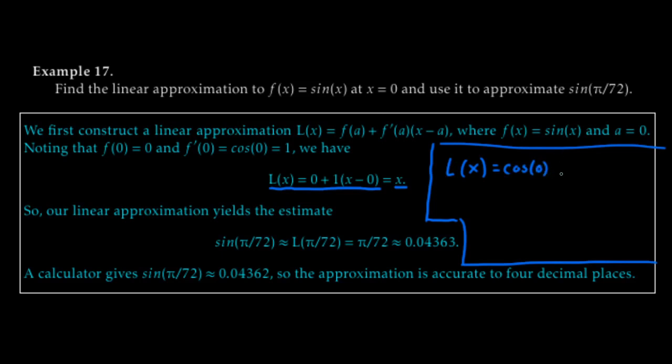Now, the derivative of cosine is minus sine, so minus sine of 0 times x minus 0. Okay, now if we run through and do this, cosine of 0, isn't that just 1? Yeah. Sine of 0 is 0. Hey, a good approximation to cosine near 0 is 1.